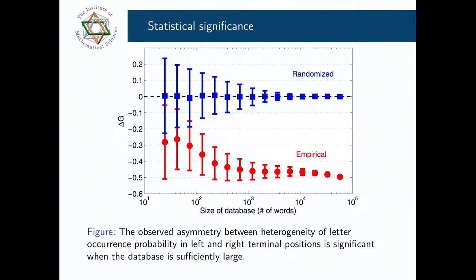In case of English, we found that you should have a minimum of more than 100 words, so that you can get a sufficiently distinguished, significant number. So this is giving you the robustness, the minimum requirement of the data size.